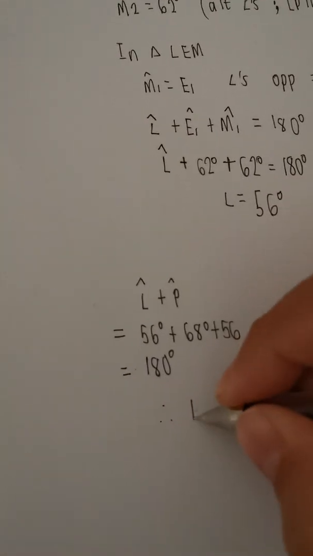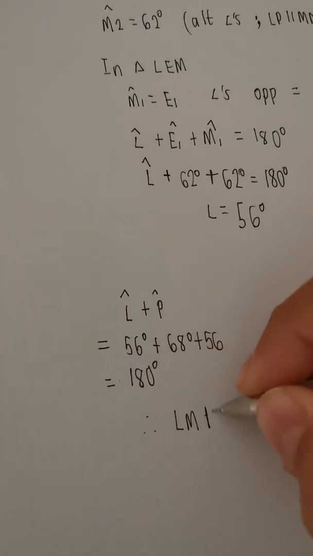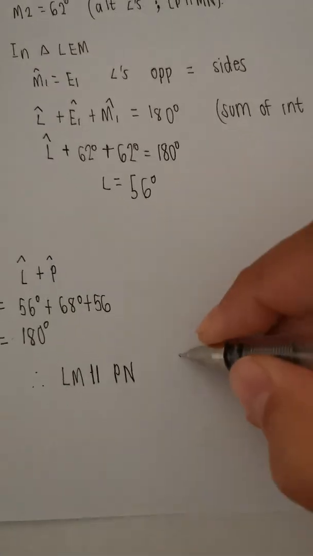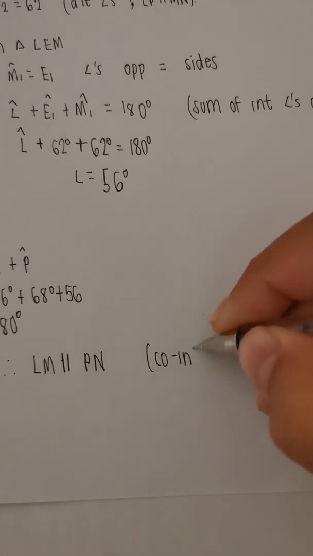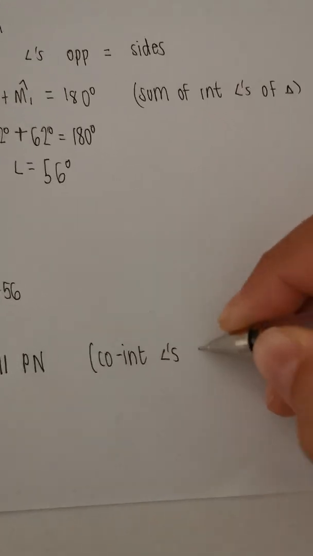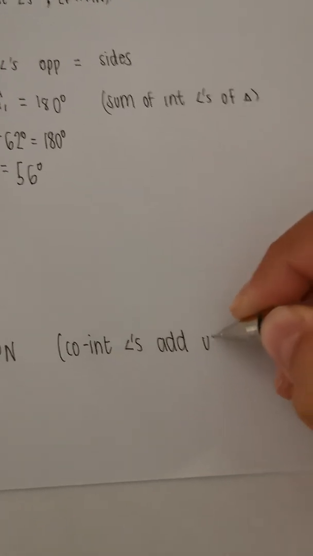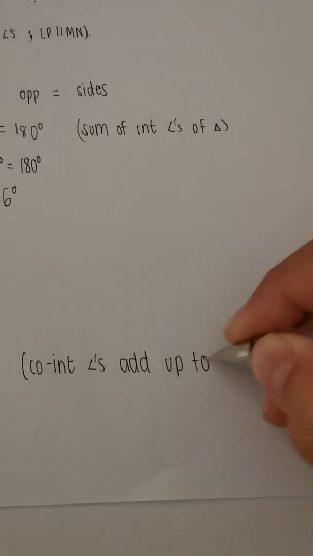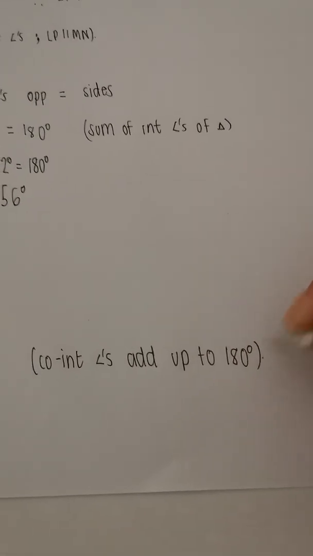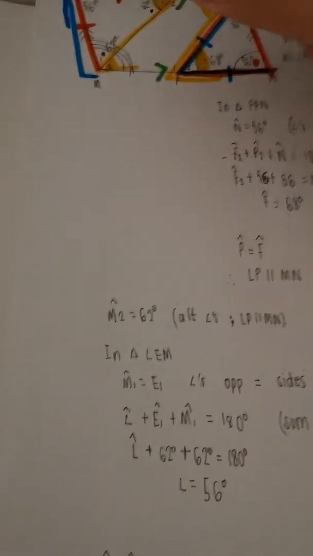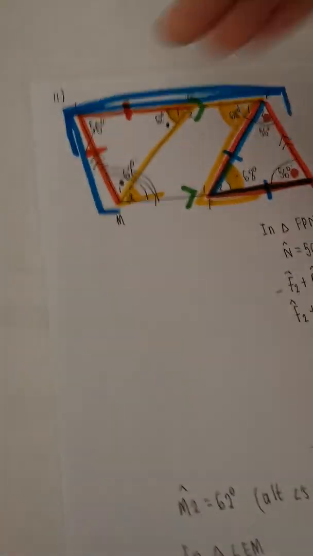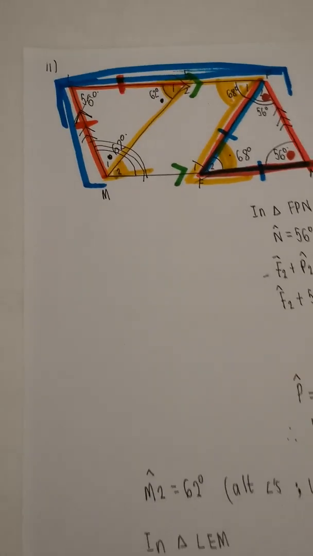Therefore, this line here, LM, is parallel to this line here, PN. And the reason for this, co-interior angles. There we go. Now, because this side here is parallel to this side here, and this one is parallel to this one, we can say it's a parallelogram.